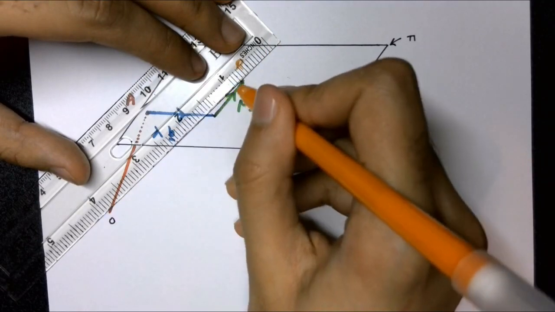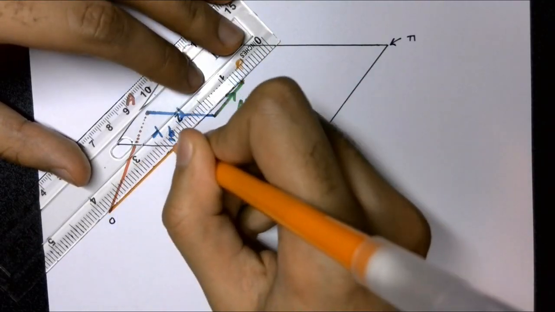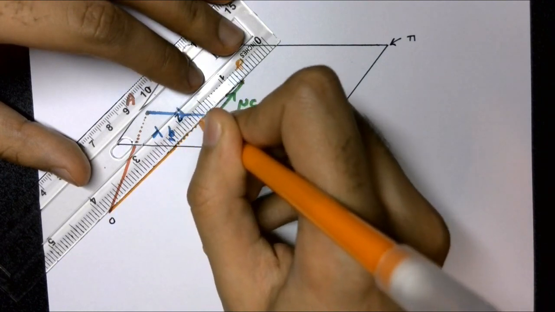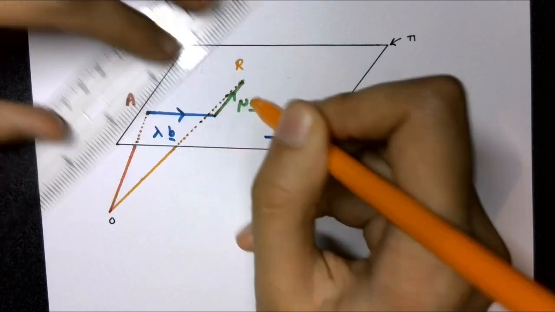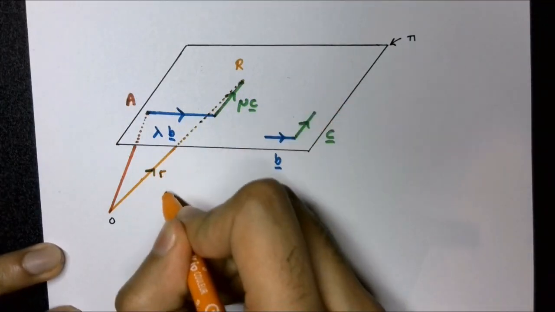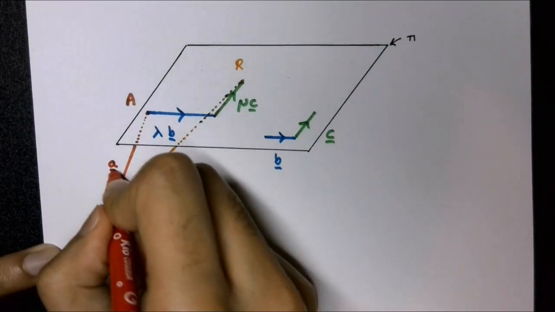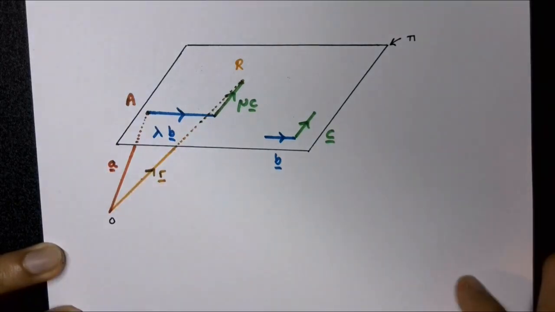So let's just join all this up. It goes under like so, and then we join it up like so. Okay, so here we've got R, and here we've got A.